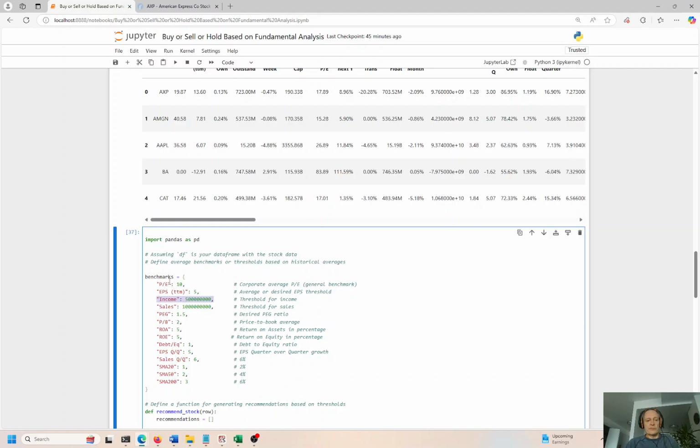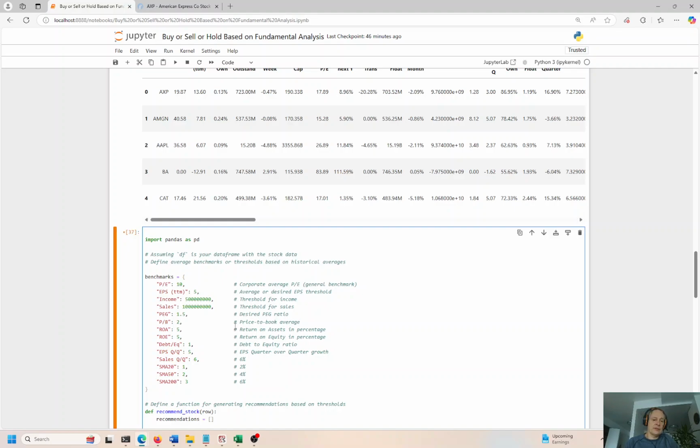So this is what we're looking at. We have benchmark. I picked PE, EPS, income, sales, PEG, this is price to earnings divided by growth, this is price to book, ROA, ROE, debt to equity, EPS quarter over quarter, sales quarter over quarter, simple moving average for the past 20 days, 50 days, and 200 days. Now, this is a little bit arbitrary.